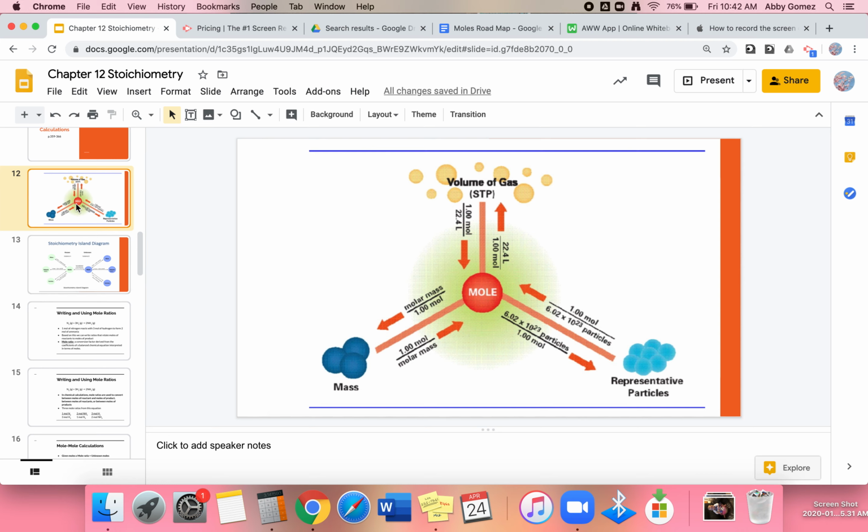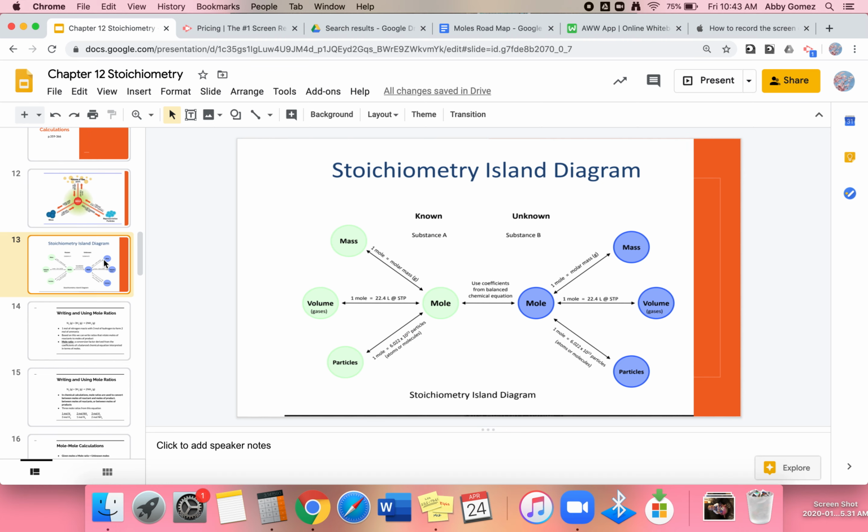So this is where we left off in chapter 10, doing some of these conversions, using molar mass, simply going from the mass of one thing in a chemical to the moles of that chemical. Well, now we're upping the game.